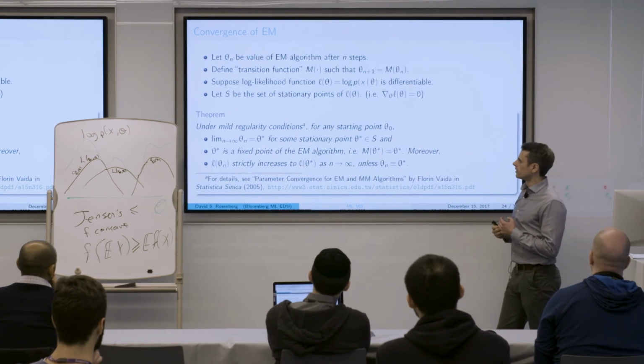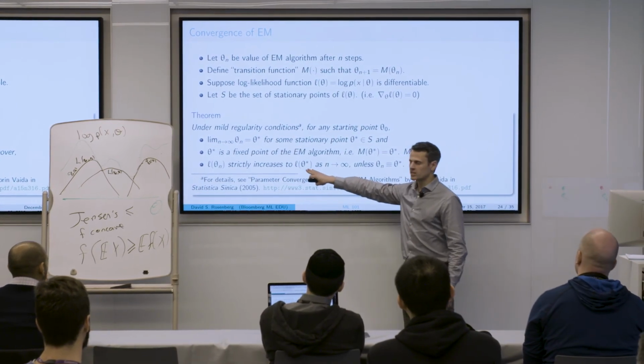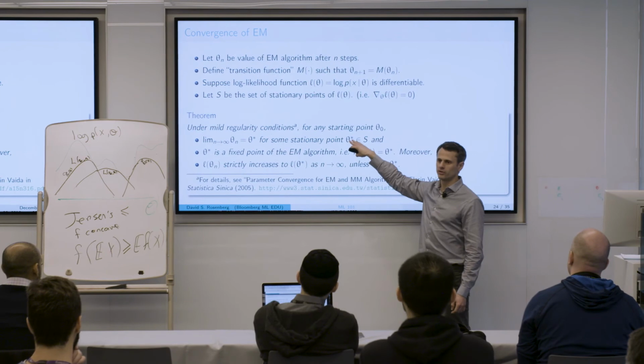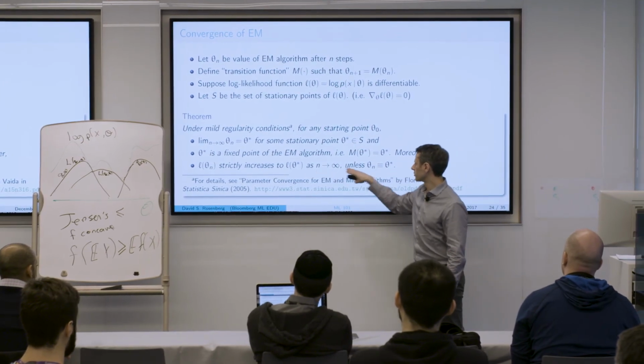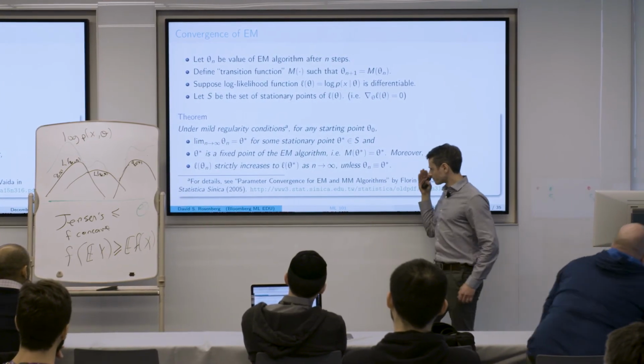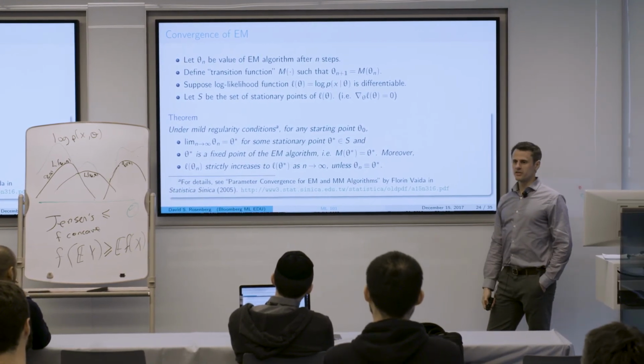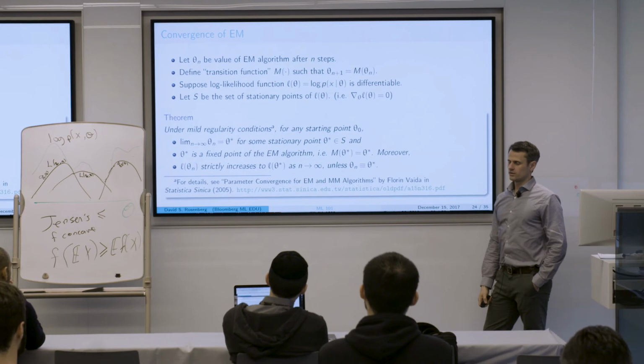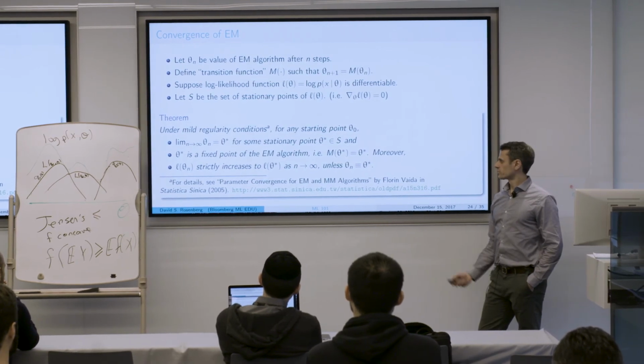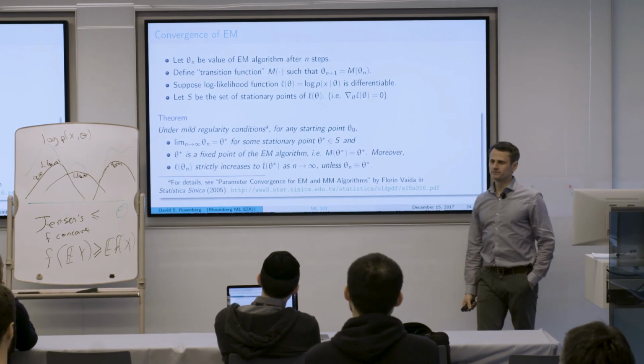This is no longer the global maximizer; theta star is now just a stationary point. But we will strictly increase to that stationary point unless or until we hit it. And that's the content of the theorem. This is not too old, 2005.